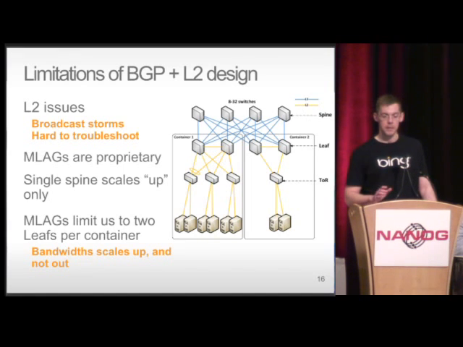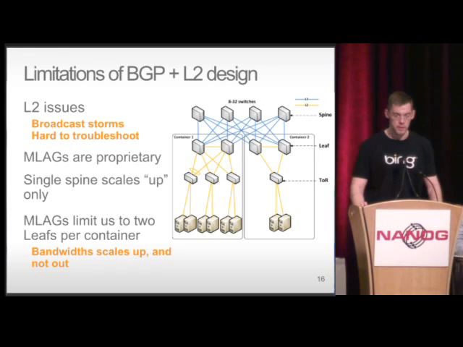Secondly, having just a single layer of spine devices limits scalability of the data center. The only way you can scale a single spine is by adding more line cards or more port density in the spine boxes, which somewhat limits your choice of vendors, because there are vendors who have some really nice spine devices, but say if you have to change a vendor for cost reasons, you actually limit yourself by locking into chassis boxes with large port densities.